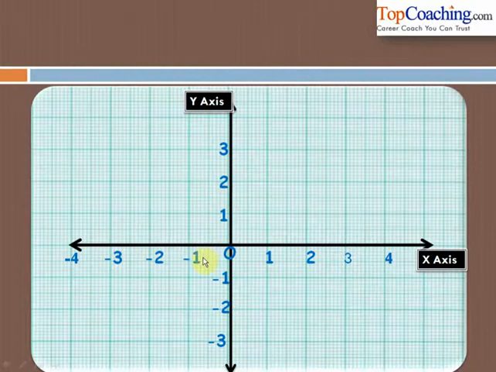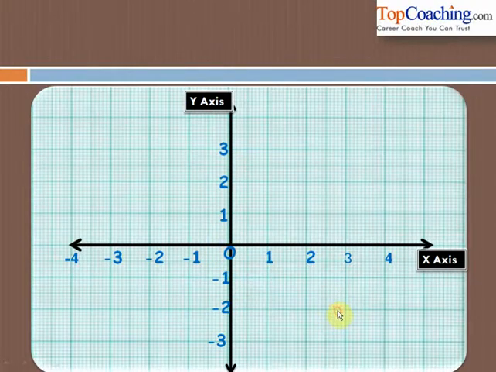Also on the left-hand side, the numbers are negative and decreasing. Similarly, on the y-axis, if we move up from the origin, the numbers are increasing and positive. And when we move down, we get negative numbers and their values are decreasing. So this is the coordinate plane and this is the origin.